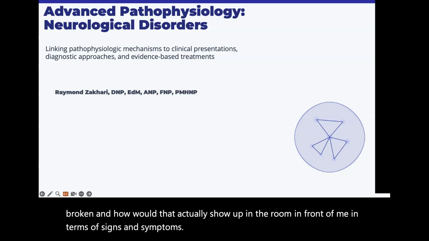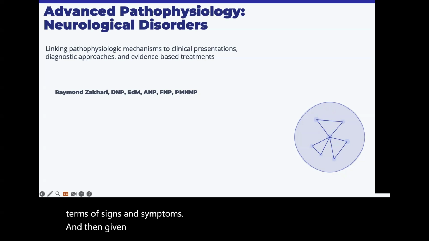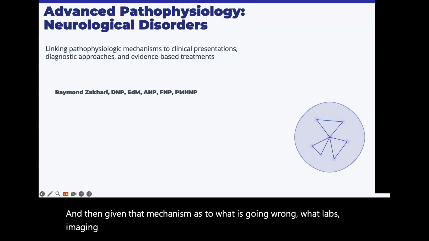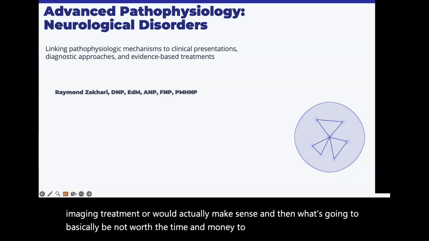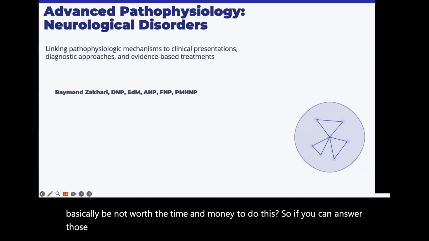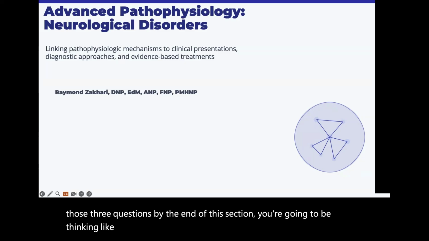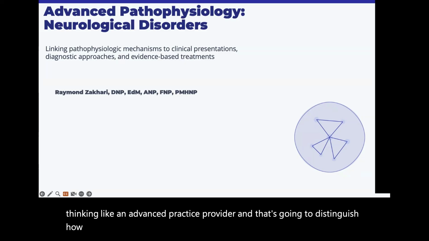And then, given that mechanism of what is going wrong, what labs, imaging, or treatment would actually make sense? And then what's basically not worth the time and money to do? If you can answer those three questions by the end of this section, you're going to be thinking like an advanced practice provider, and that's going to distinguish how you're using and applying knowledge from your current RN role.